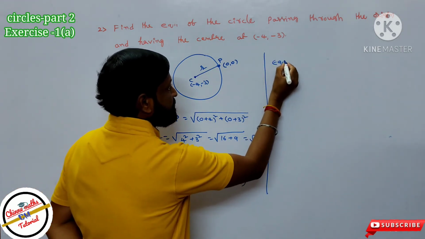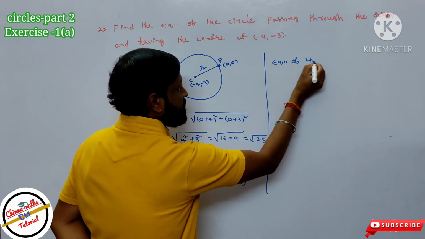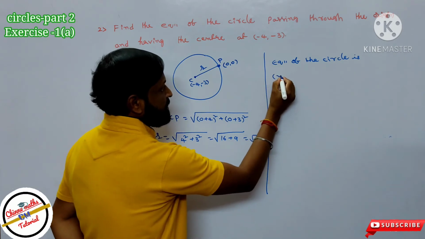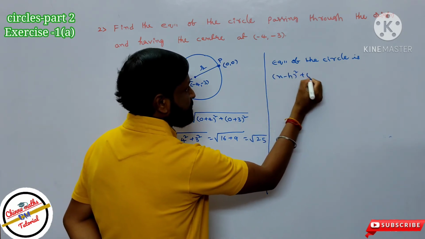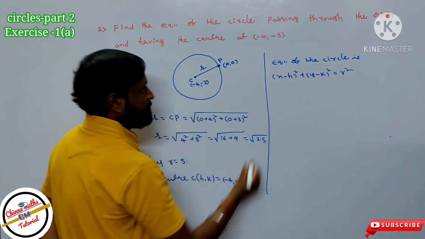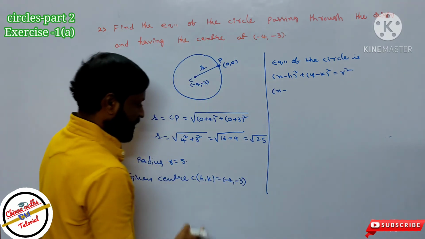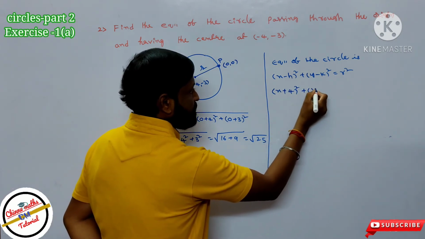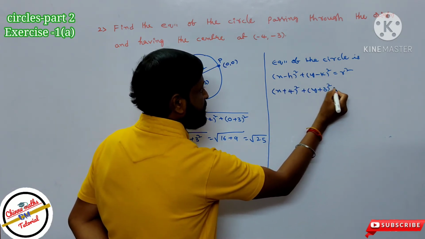The equation of the circle is (x minus h) whole square plus (y minus k) whole square equal to r square. Then (x minus of minus 4) that is (x plus 4) whole square plus (y minus of minus 3) that is (y plus 3) whole square.